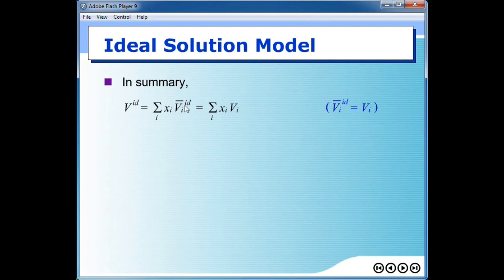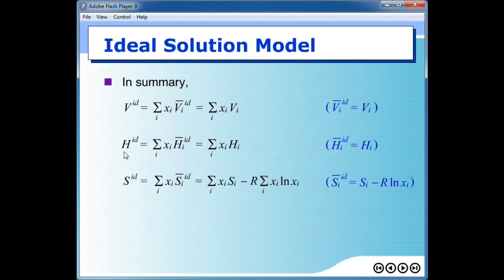So plug this into here, you get this part. Similarly, we get the relationship for enthalpy. We plug this in using the summability relation as well. We can get the enthalpy of the mixture, and we can repeat the process for entropy and Gibbs free energy.